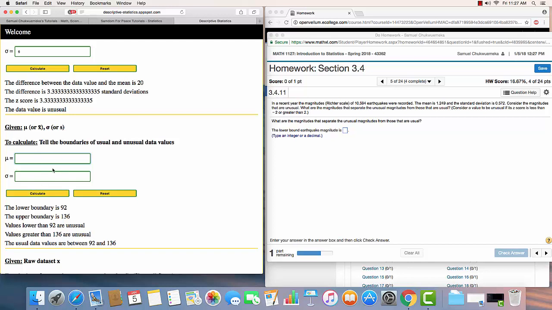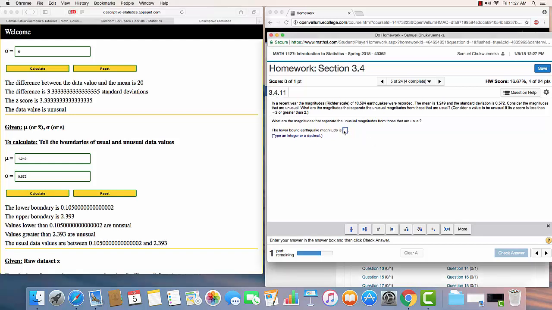The mean is 1.249. The standard deviation is 0.572. And you press calculate. So the lower boundary, type an integer or decimal.